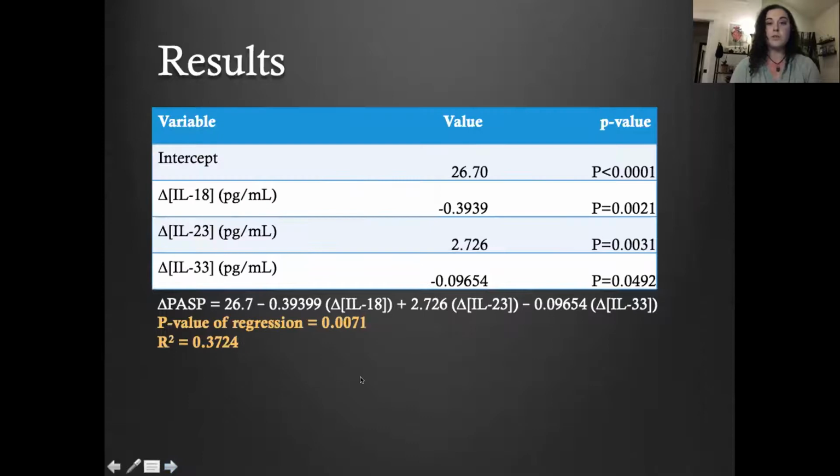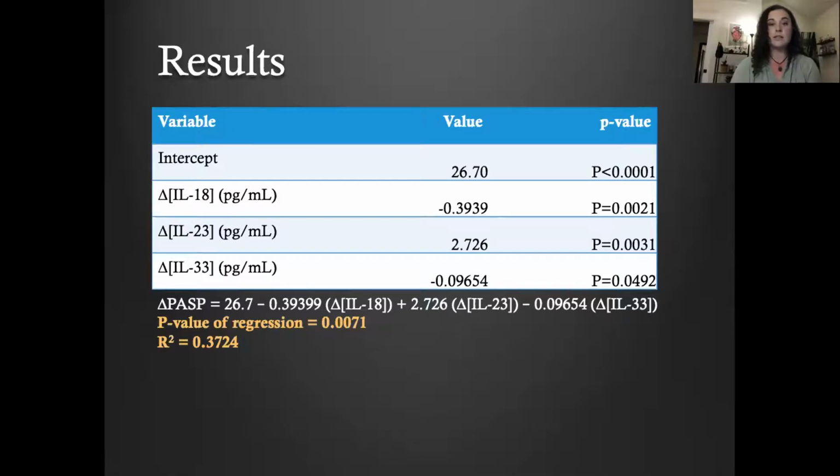However, when we do look at a multiple regression analysis of these cytokines, we did find a significant regression to predict the change in pulmonary pressure. So you can see here that the change in IL-18, the change in IL-23, and the change in IL-33 taken together significantly predict the change in our pulmonary pressure. The R-squared for this regression analysis is about 0.37.